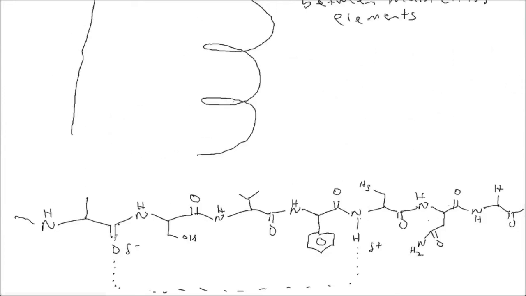So for example, maybe this oxygen here is at this position, and maybe the nitrogen here is in this position. Because the spiral has coiled around, even though this nitrogen is 4 amino acids away, it's actually right in the same region of space right above this oxygen.